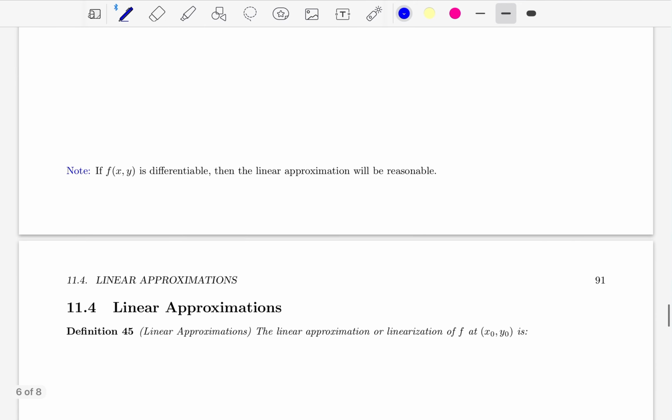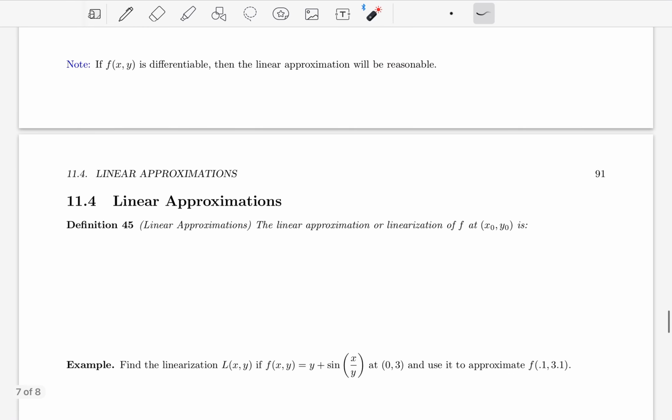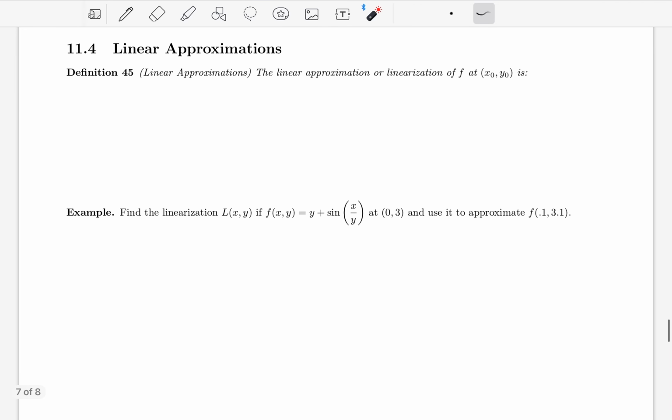Let's see, what else do we have? Now, if it's differentiable, then the linear approximation is reasonable, and it is differentiable if the partials are continuous. Let's define the linear approximation. The linearization of f at (x naught, y naught) requires f to be differentiable, meaning the partial derivatives are continuous at (x naught, y naught).